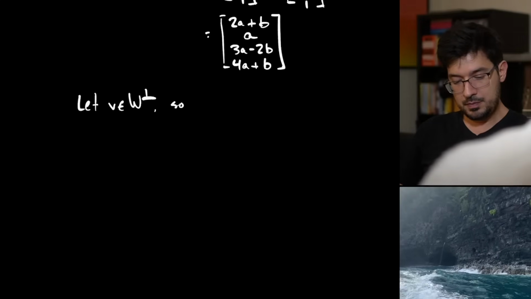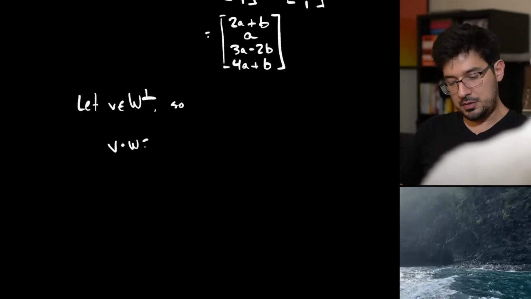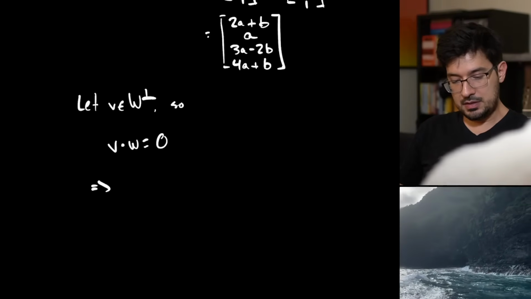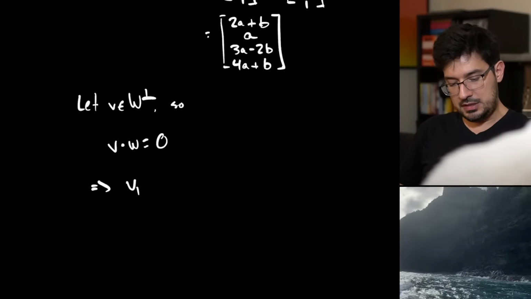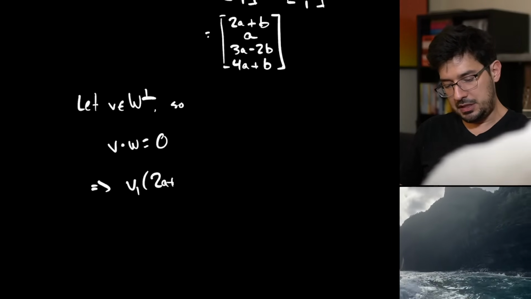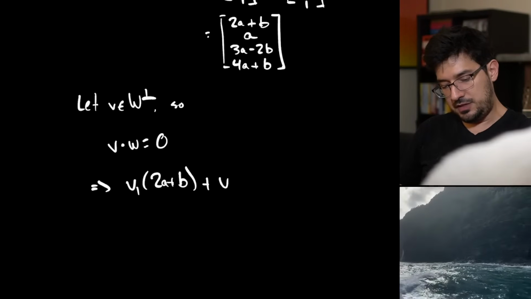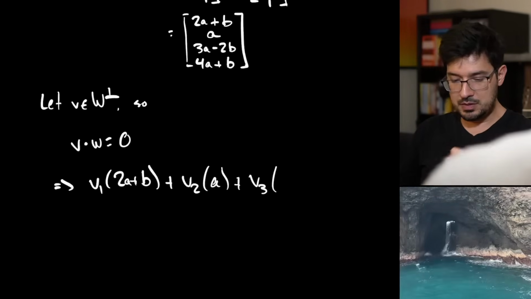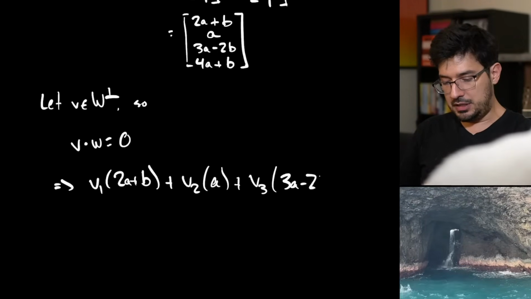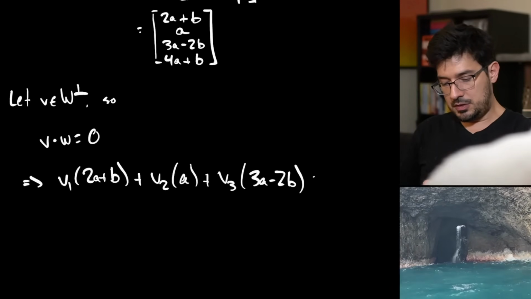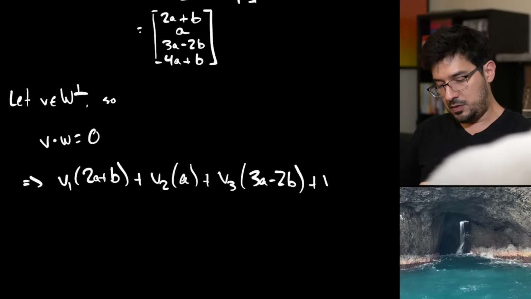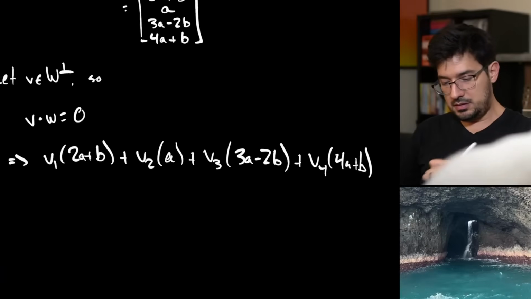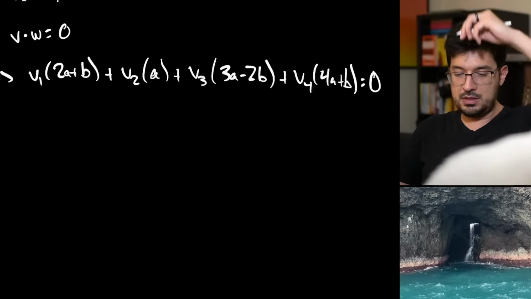So v dot w is 0, which implies that v1 times 2A plus B, plus v2 times A, plus v3 times 3A minus 2B, plus v4 times 4A plus B, all of this has to equal 0.